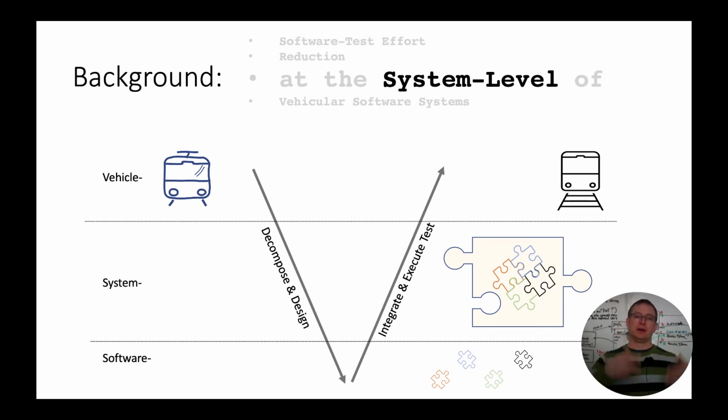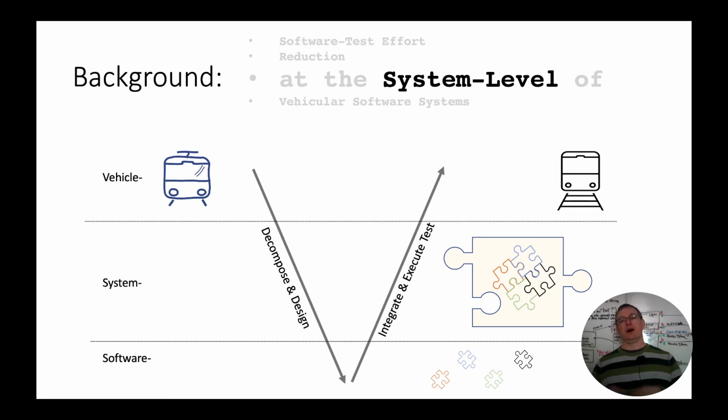And then you go into more and more detail to have the lowest level, the software level, also called the unit level. So at the lowest level you have individual software units that you can test on a single PC, for example. It's very limited functionality, and you can develop this in different offices or even different countries.